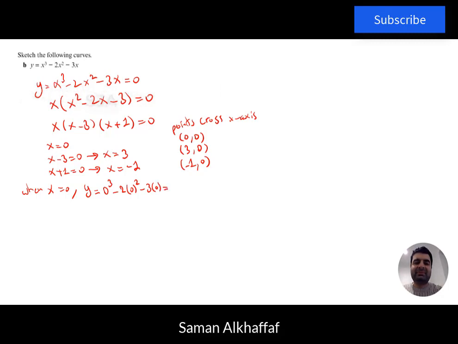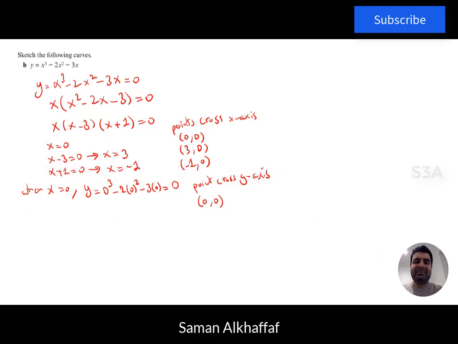You can see all the terms are multiplied by 0, so that will give us 0, and that proves that the point where it crosses the y-axis is 0 and 0. This is the scenario where it crosses the origin.